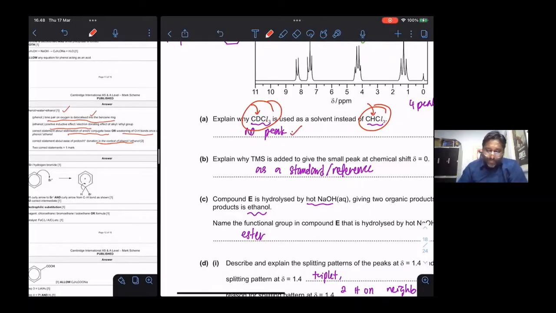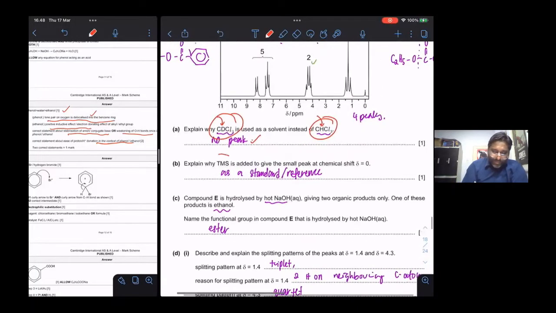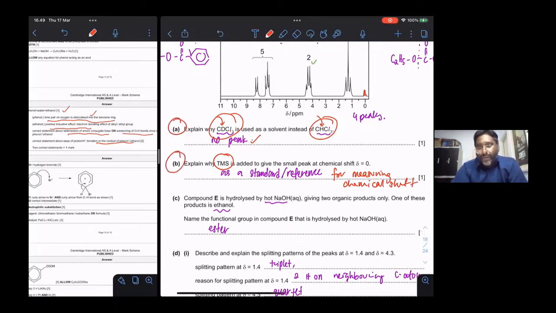Explain why tetramethylsilane, TMS, is added, to give you a small peak over here. This one is going to be a standard, a reference, for measuring the chemical shift. So it's a standard. So these are two very straightforward questions.